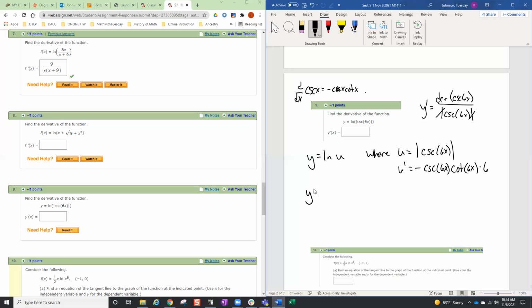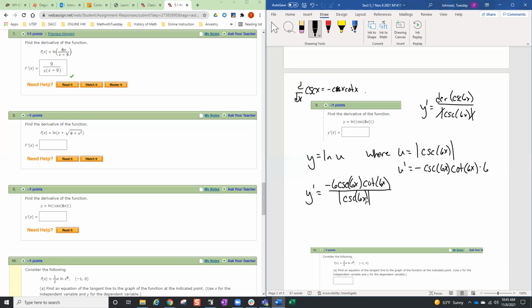So our derivative of y really should be minus 6 cosecant of 6x cotangent of 6x. Notice I moved this 6 to the front with the negative. All divided by the cosecant of 6x. Let's give that a shot. It seems like there's some simplification possible.